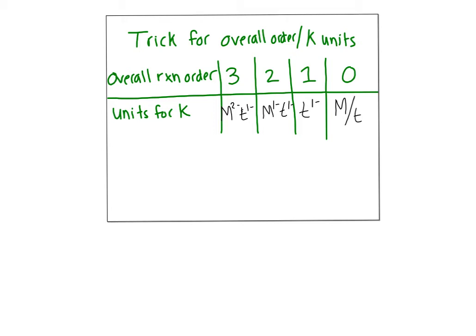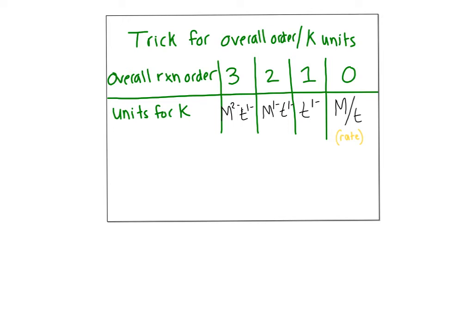The units for rate are concentration divided by time, so this is also the same as the units for rate. But that should be a little trick. I always think of it as molarity is 1 less in the negative version, and then time is always to the -1, unless it's 0 order. So hopefully that helps you.